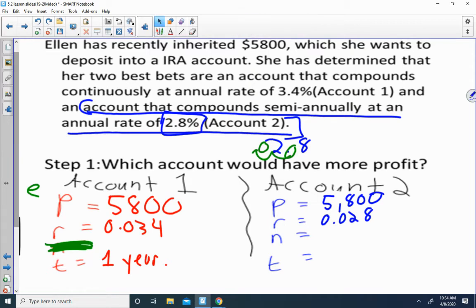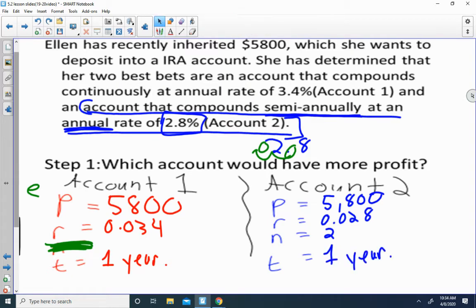And then the number of compounds is semi-annually, which if you look back at that chart, is the same thing as biannually, which means 2 compounds per year. And last but not least, the time. The time gives you an annual rate, meaning 1 year.